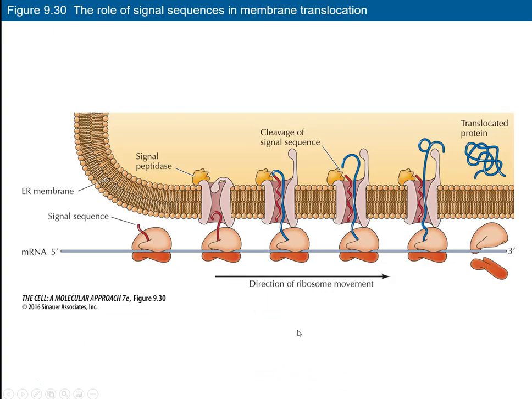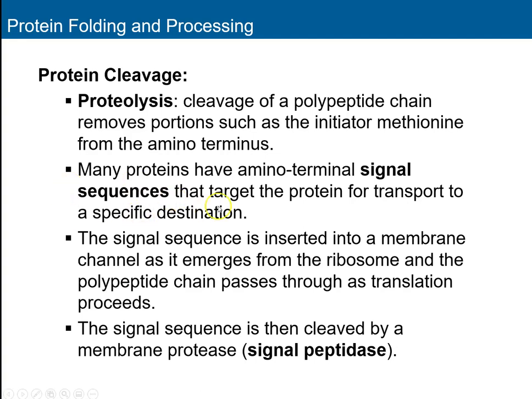So this is showing you here. Again, this is about processing of proteins and particularly proteolysis, meaning something has to be cleaved off of that protein before it can function the way it needs to. Okay. So one thing that might need to be cleaved off, first example right here at the top, was that initiator methionine, right? Probably needs to be cleaved off.